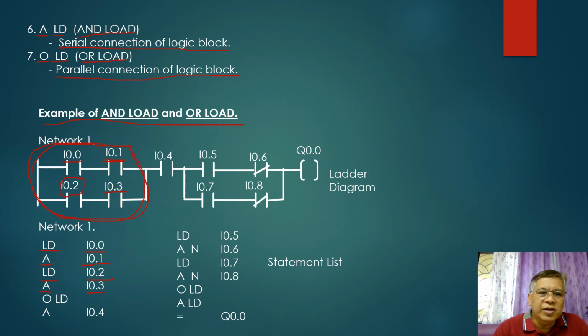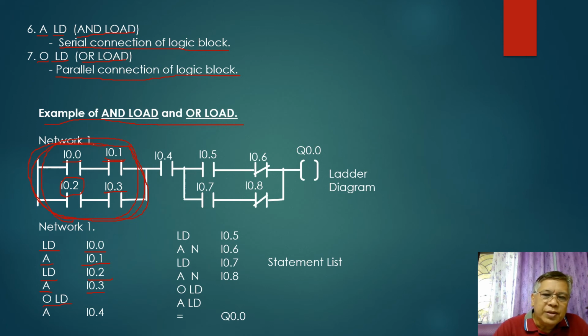So we make use of the OR load command. Since it is in parallel, you make use of OR and then the command load. So we are loading this OR connection.